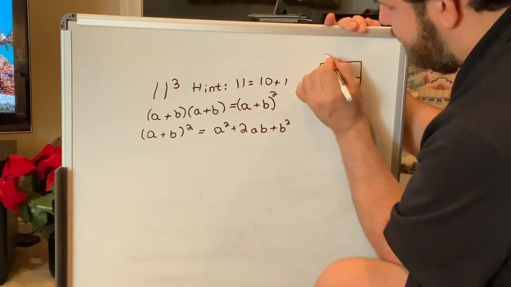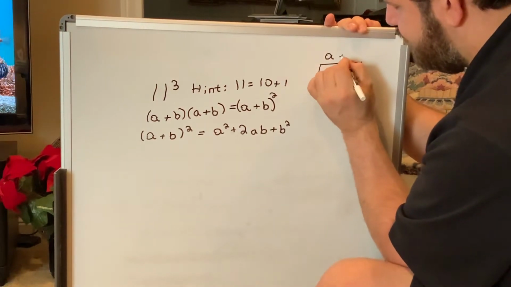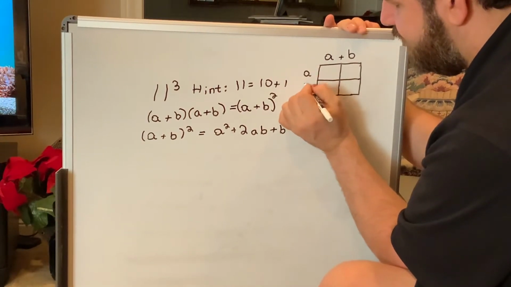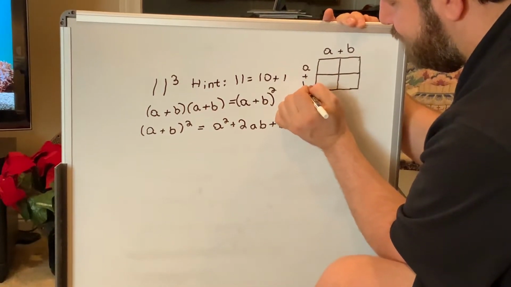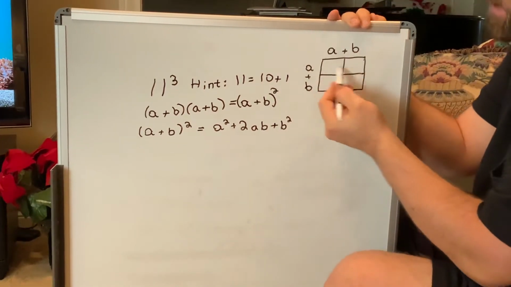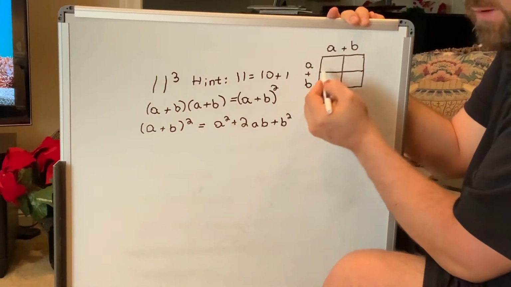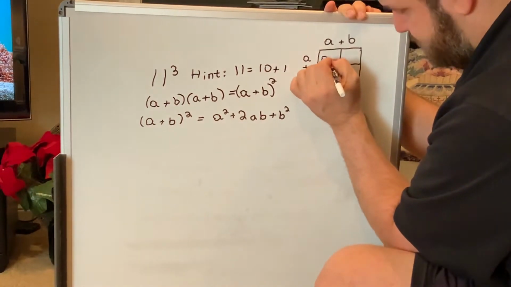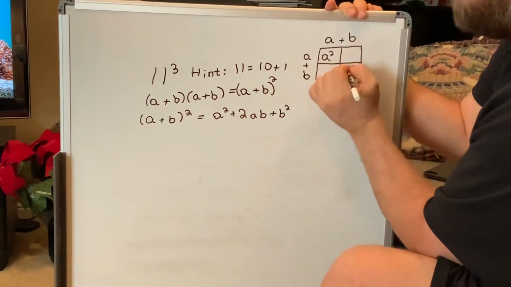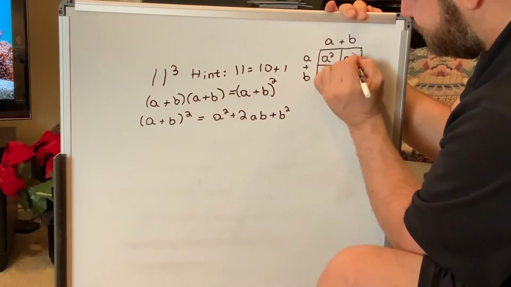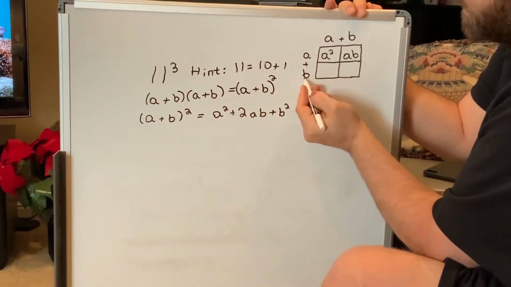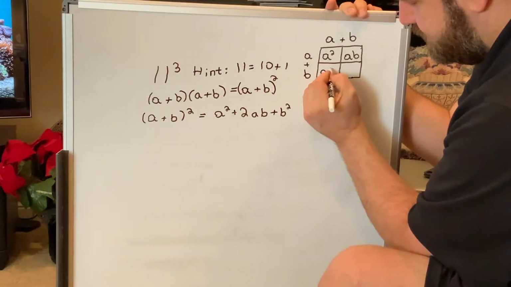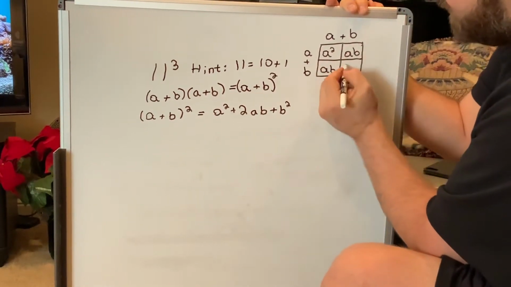Well, up here we have A plus B, and then we're going to write it again, A plus B. And basically we just fill out this table by multiplying. A times A is A squared. A times B is AB. B times A is AB. B times B is B squared.